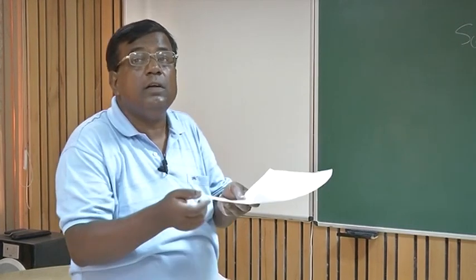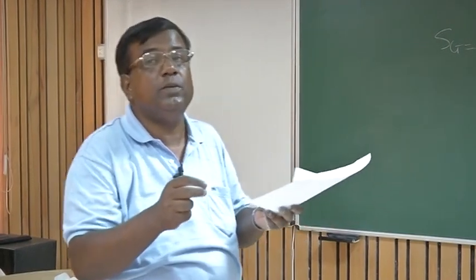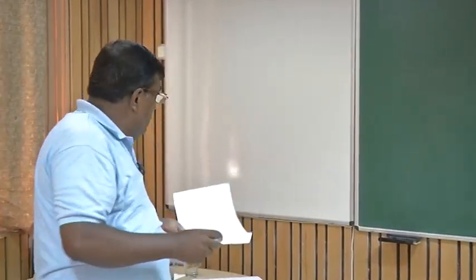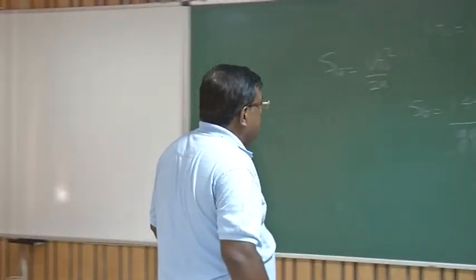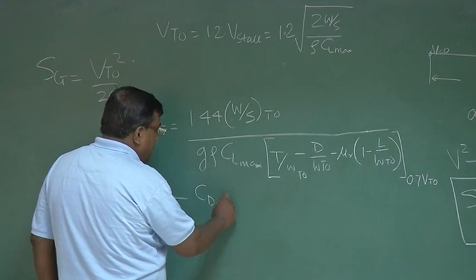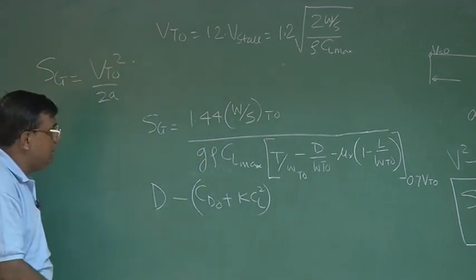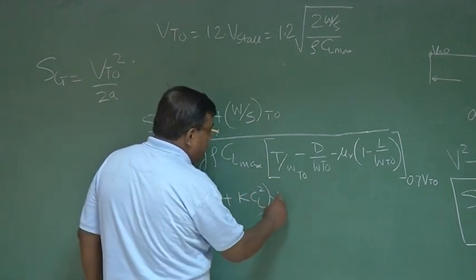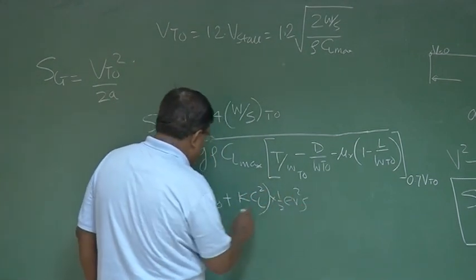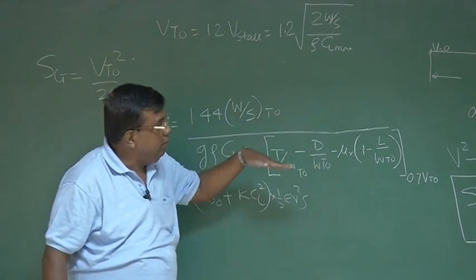Further, the downwash also becomes a little lesser in magnitude. So if I want to compute the drag, I need CD naught plus K CL square, the drag polar, to be used, because I will multiply this with half rho V square S. That will be my drag when it's going for a takeoff.